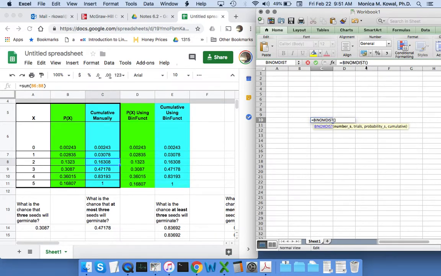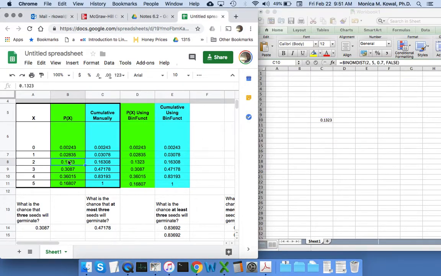Notice that it wants the number of successes. We only want 2. Number of trials 5, probability 0.7. And if you want 2 and 2 only, then you don't want the cumulative function turned on. You want it to be false. And you can see that that value there matches that value there.